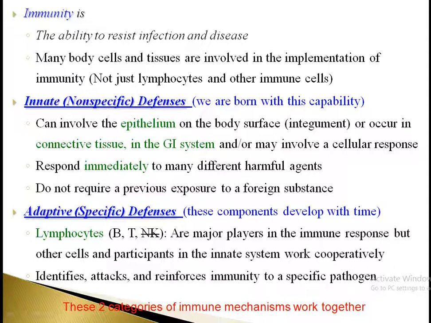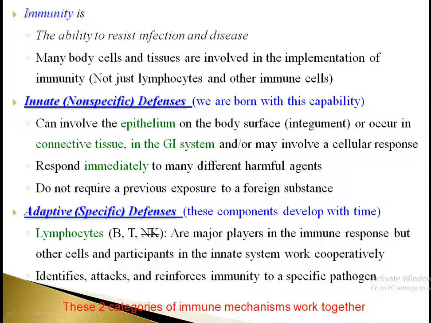If we go into further detail of the defensive action of our body, we come to know that many other cells and organs play a very important role in body defense against infective agents.